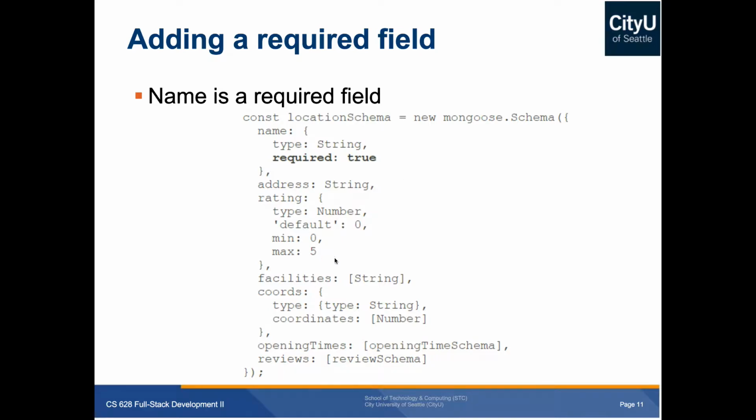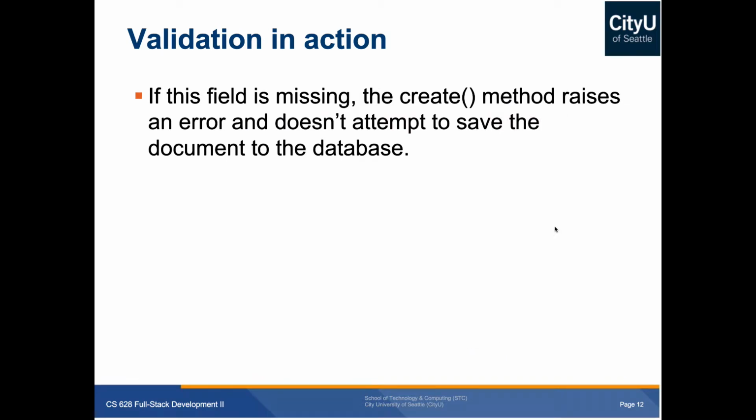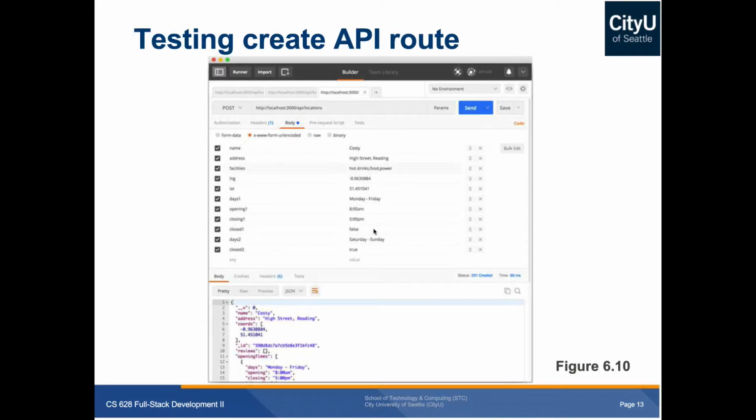The min and max range for your rating, right? And the default being a 0. And so on and so forth. So if a field is missing, for example, the name field is missing a value, it automatically would raise an error, right? And it won't save the document to the database.